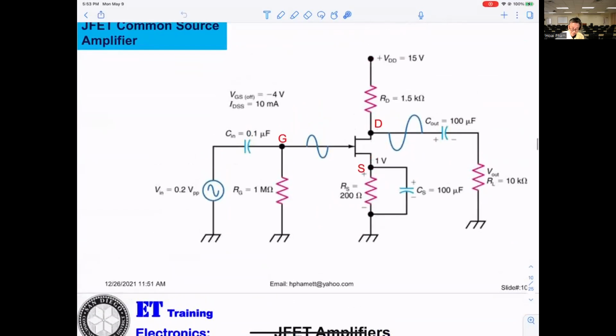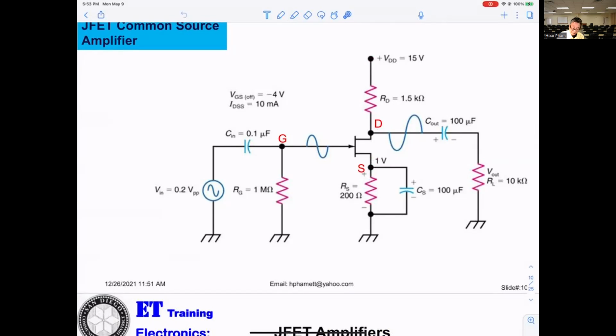Now, if you're looking at this circuitry for common source, what DC bias circuitry will be used? You understand, for DC bias, you get a curve. Let's see: fixed bias, self bias, voltage divider bias.